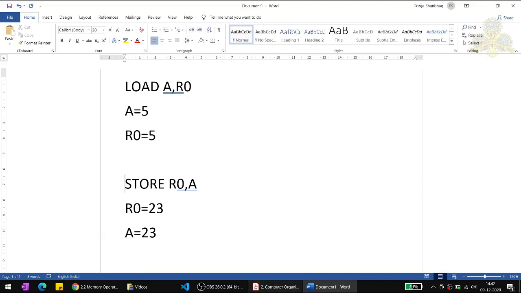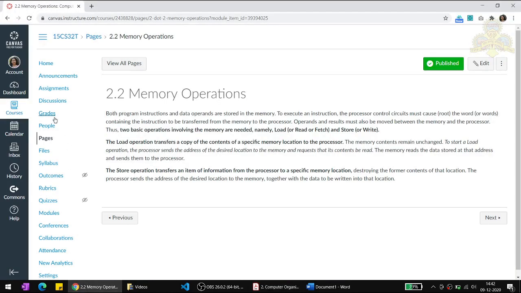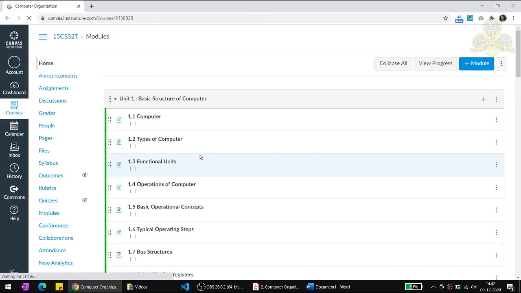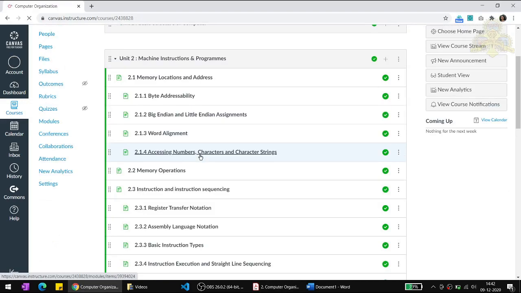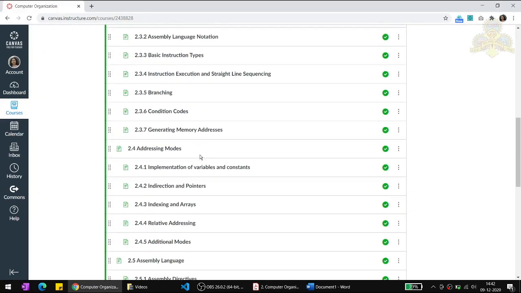Okay. The next question is: explain straight line sequencing. So the answer is here. Go back to the second chapter. Straight line sequencing.